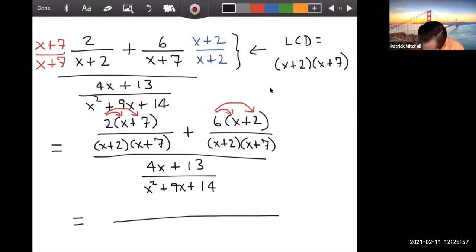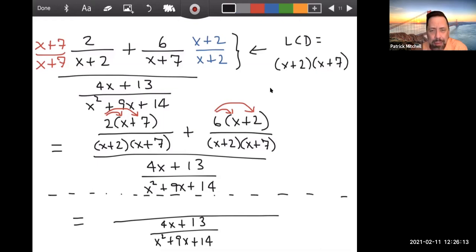First, let me copy this, and then obviously I'll go over to a blank screen. Okay, so what we're doing, let me put a little dotted line here, just kind of cramming it into a small space. And all right, we're combining those two little fractions into one fraction with denominator x plus 2, x plus 7.